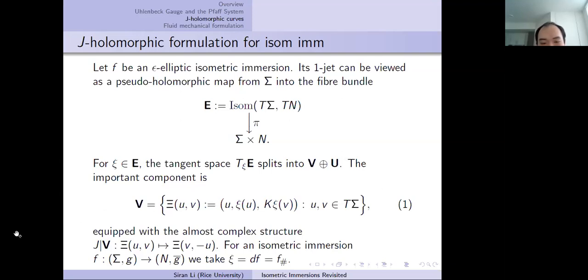This sigma captures the almost complex structure for V. If I send (u, v) to (v, minus u) under this sigma map, you can check this J is an almost complex structure. And for an isometric immersion, we can take this c, the point at which I'm taking the tangent space, to be df, the exterior derivative.